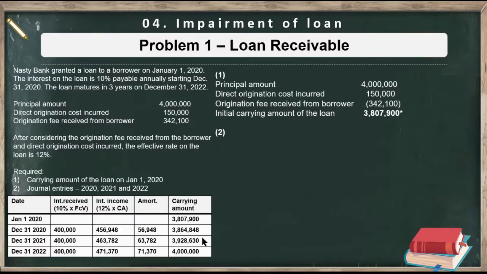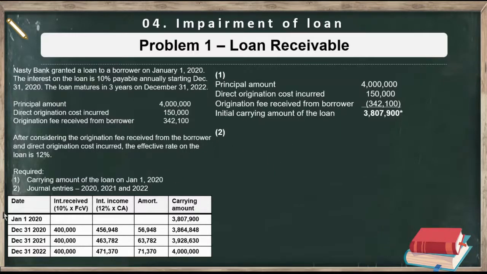So instead of multiplying the carrying amount by 12%, we get the difference between 3,928,630 and 4 million. That would be 71,370, and we add that to 400,000 to get the interest income in 2022.